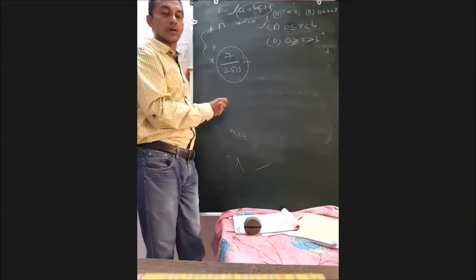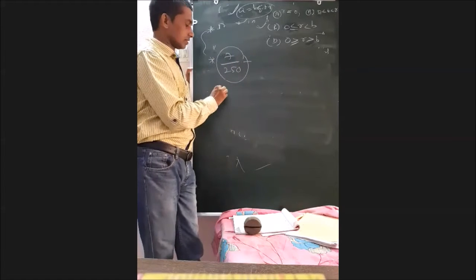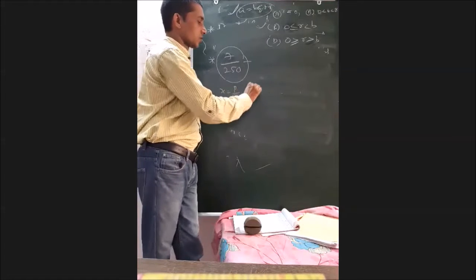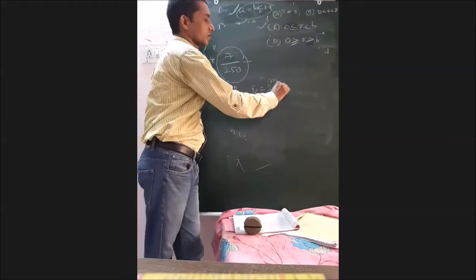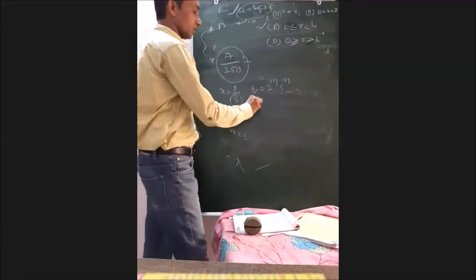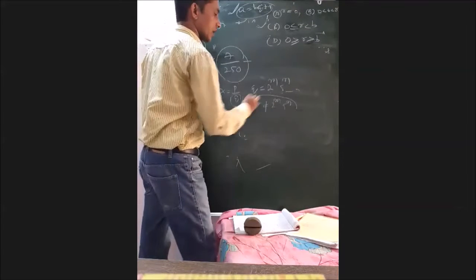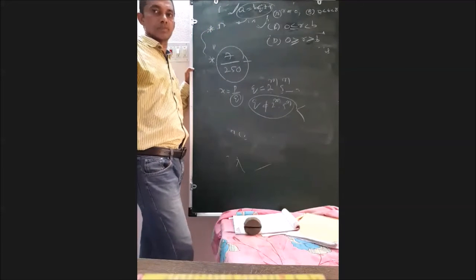What is the concept behind this question? If x is in the form of p by q, where q is in the form of 2 power m into 5 power n, then it is a terminating decimal. If q is not in the form of 2 power m and 5 power n, it is not a terminating decimal. It is a non-terminating recurring decimal.